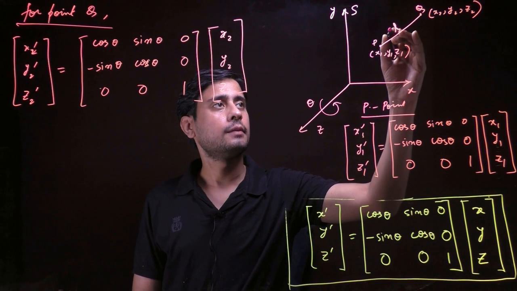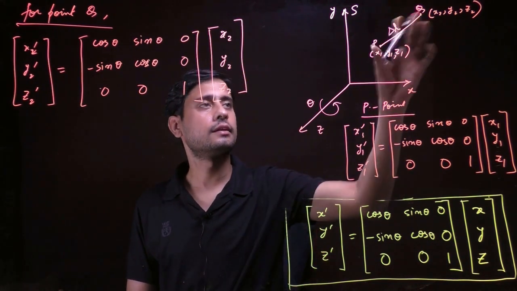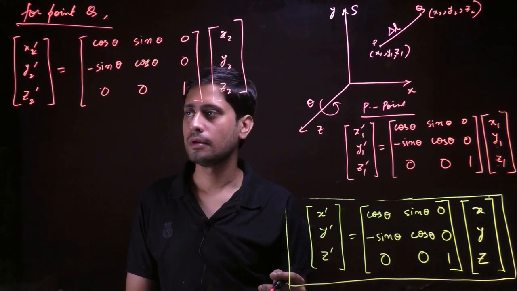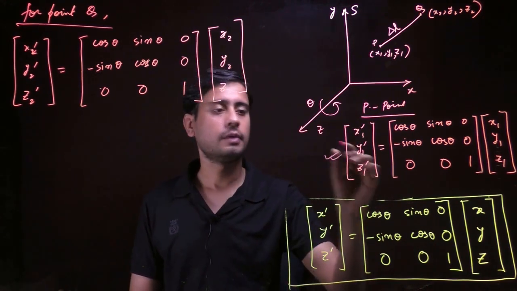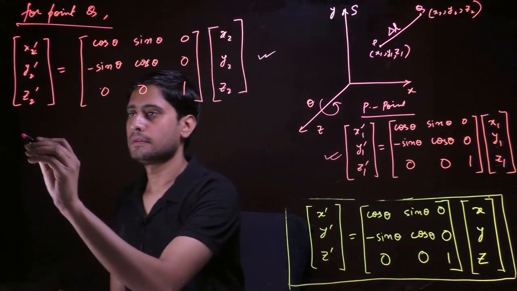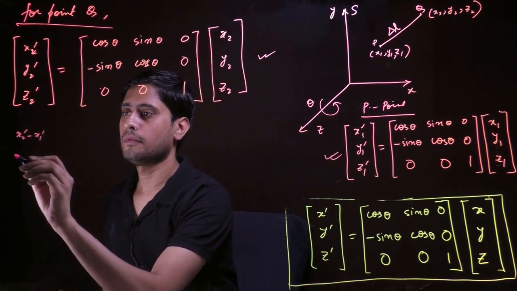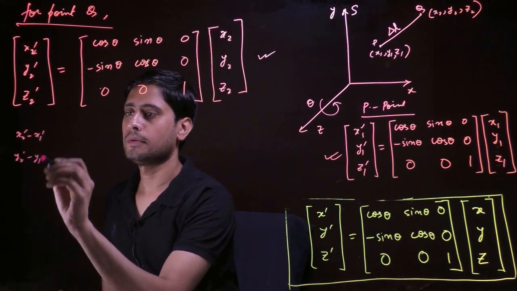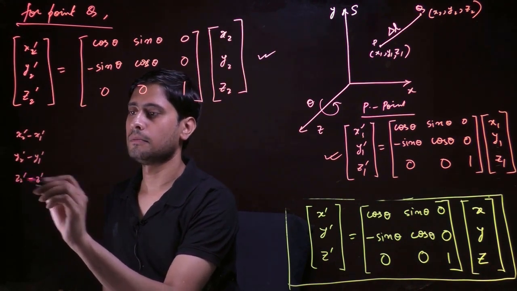For my case, I am taking a delta here, so this length is delta L. If you subtract these two matrices, you will get x2 prime minus x1 prime, y2 prime minus y1 prime and z2 prime minus z1 prime.